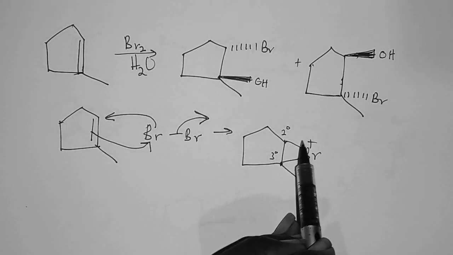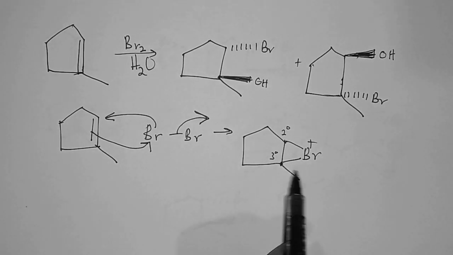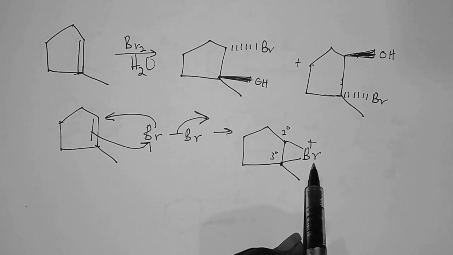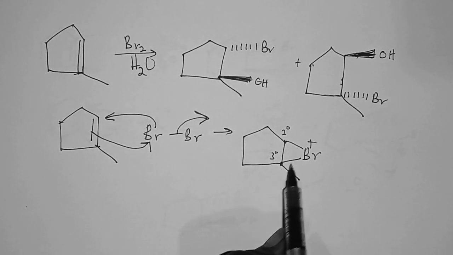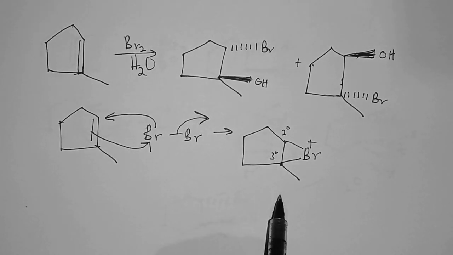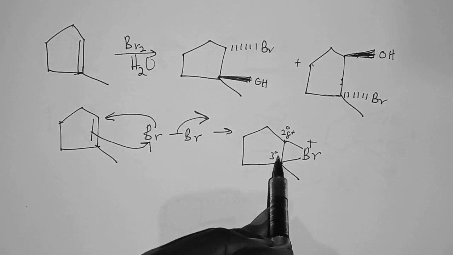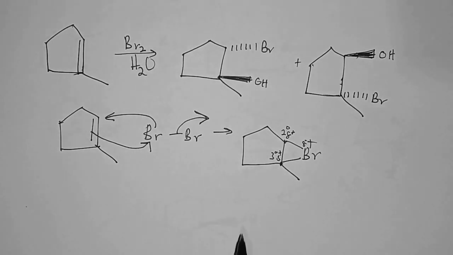Now, even though bromine has a positive formal charge, remember that bromine is highly electronegative. And because it is electronegative, the electrons that are shared between bromine and these carbon atoms are pulled more towards the bromine than the carbon atoms. So the carbon atoms assume partial positive charges, and the bromine assumes a partial negative charge.